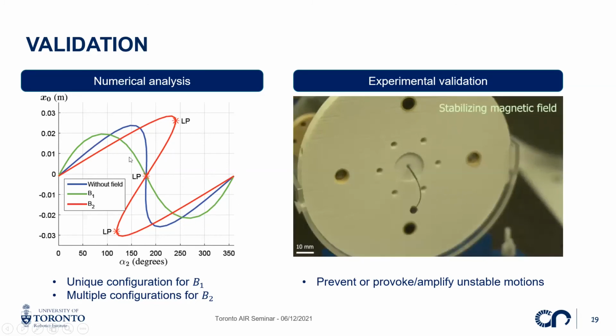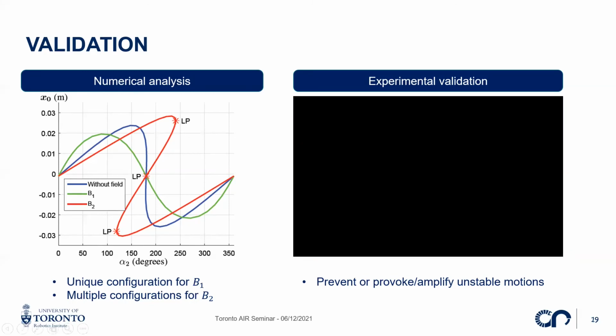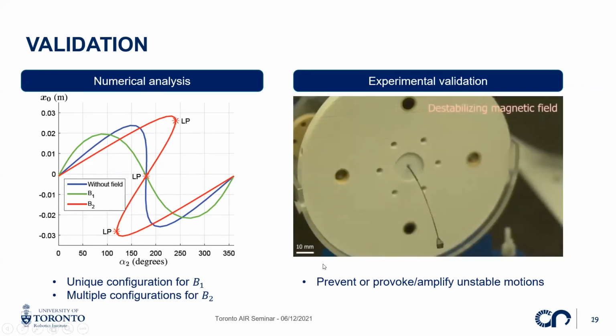So we can see on this green graph that we have just one configuration for one unique set of actuation inputs. Or we can try to provoke these unstable motions and to amplify the unstable behaviors for these continuum robots. So here we accumulate and puff. We jump with larger amplitude between two configurations, basically.